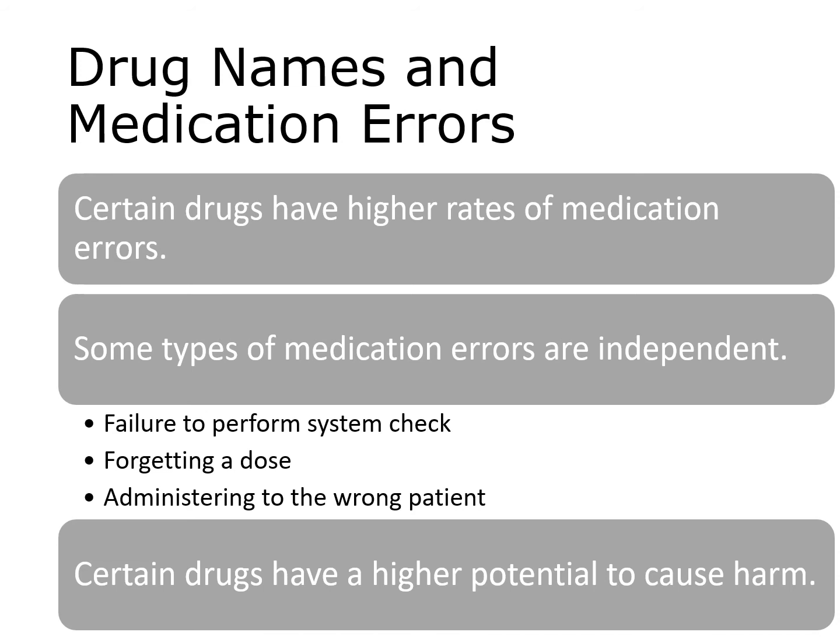and there's also some medication errors that are just independent of the whole system trying to keep things in check and balance. So failure to perform the system check, forgetting a dose, administering to the wrong patient. Those are just independent errors, right?